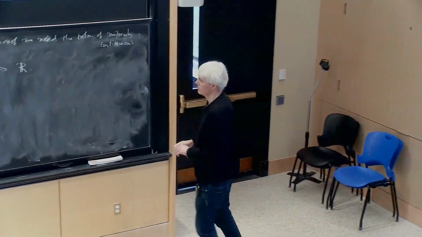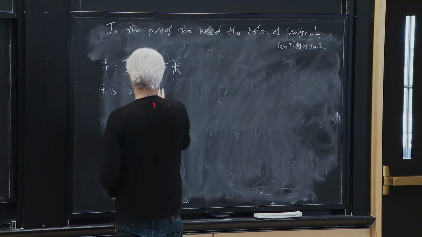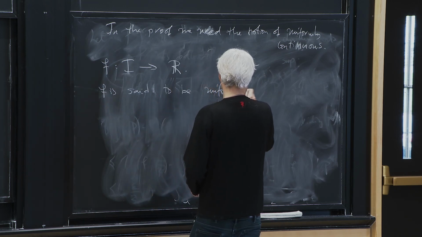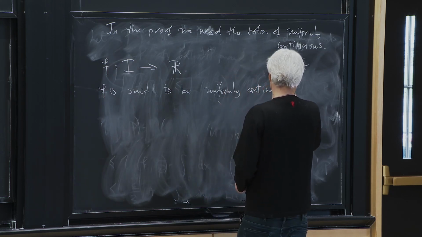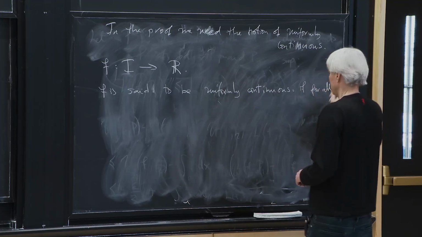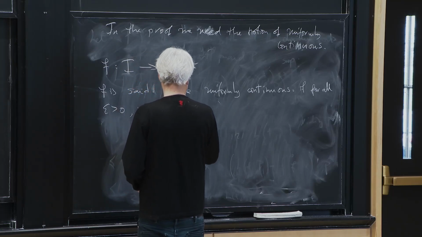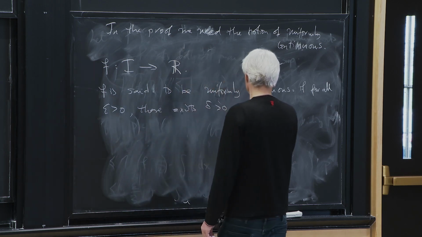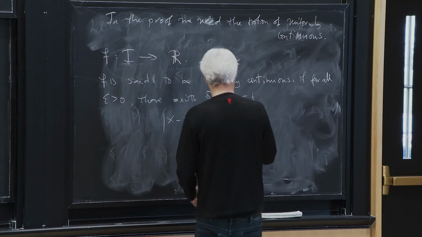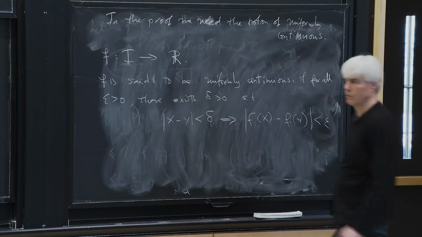So you have a function like this, and f is said to be uniformly continuous if for all epsilon greater than 0, there exists delta greater than 0, such that as long as the distance between x and y is less than delta, then the distance between their images is less than epsilon. Okay.